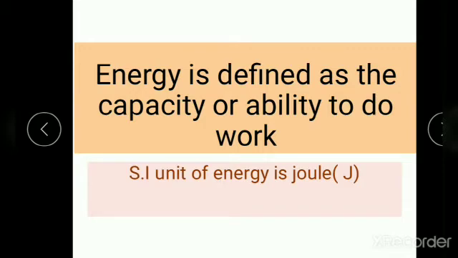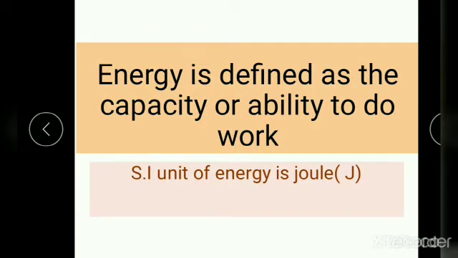So energy is defined as the capacity or ability to do work, and the SI unit of energy is joule. You can write it as capital J or you can write it as joule.